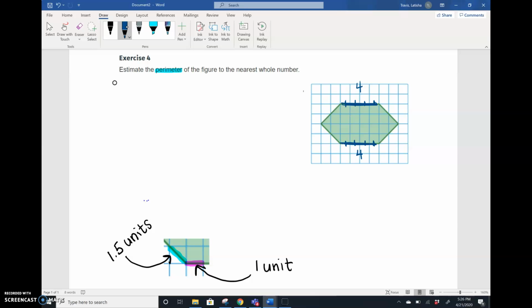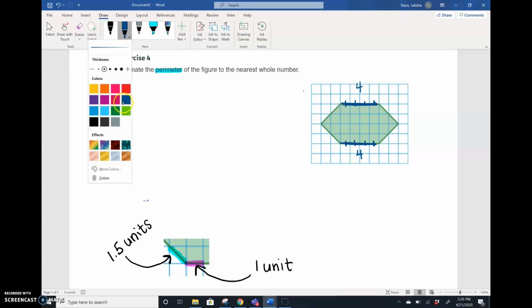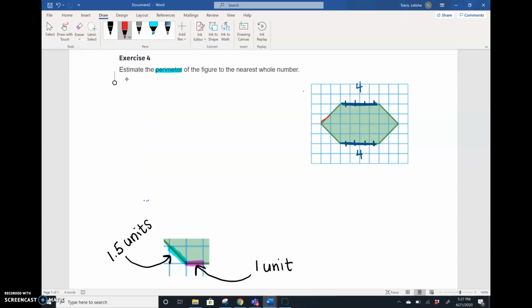Now we need to find out what the diagonal lengths are. I'll do the diagonal lengths in red. Each diagonal counts as a length of 1.5. So for this side here, this is 1.5 units. Then we have another length of 1.5 units.